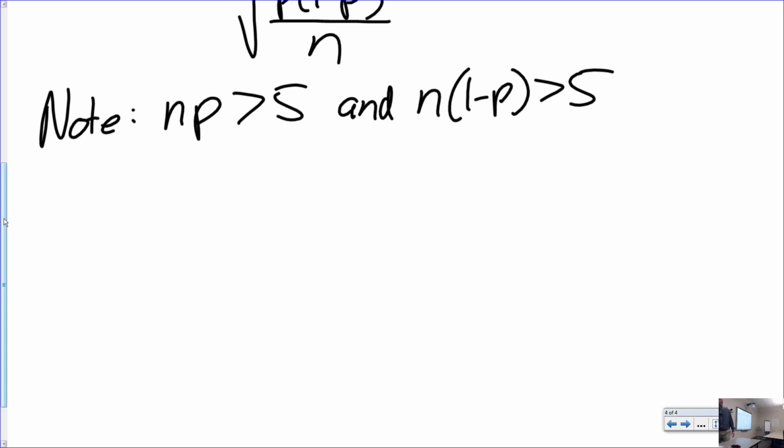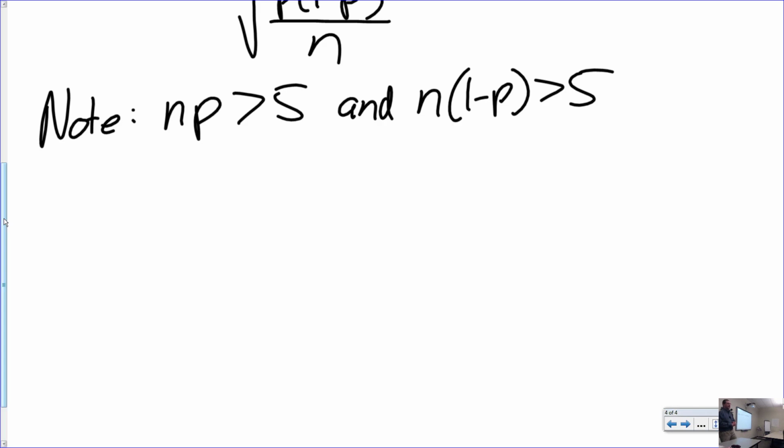Standard rules from chapters 8, 9, 7 and 6. Make sure you test that first. If n times p or n times 1 minus p is not greater than 5, all of our statistics break down. Basically the law of large numbers is in effect, and you have to have enough numbers such that the probability is going to be at least more than 5 when you multiply it out.